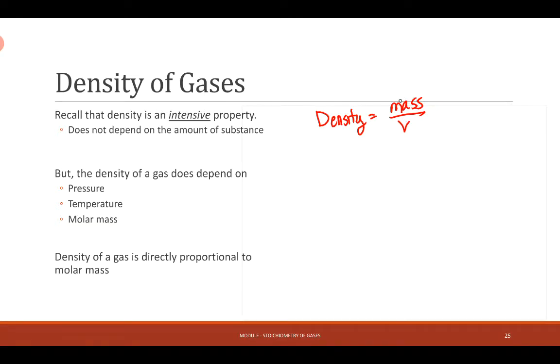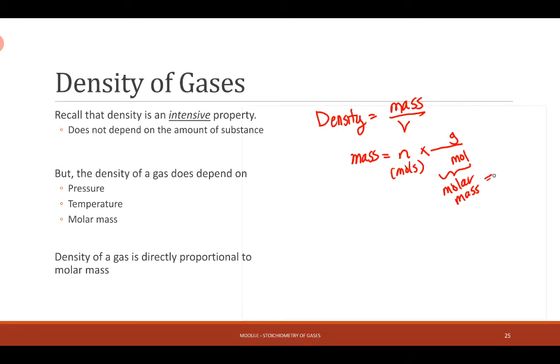Mass is not in our ideal gas law equation, but mass is related to moles. We can obtain the mass of a substance by taking the moles, n, and then multiplying the moles by the molar mass, in order to cancel out the moles and get into grams.